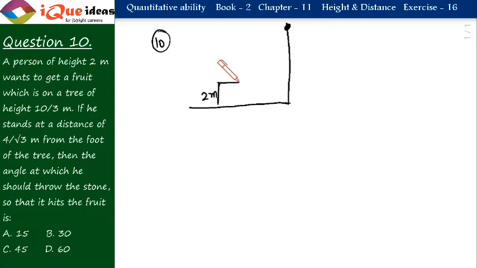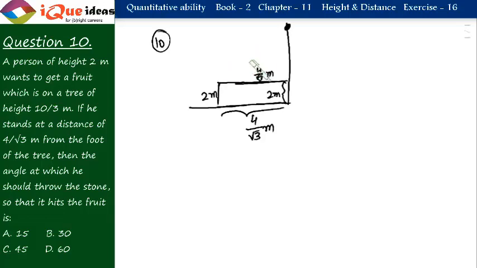His eyesight is at this level. Now if this is 2 meters, then this length should also be 2 meters. The distance of the man from the foot of the tree is 4 by root 3 meters, so this length is also 4 by root 3 meters.